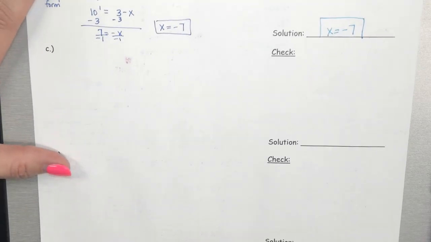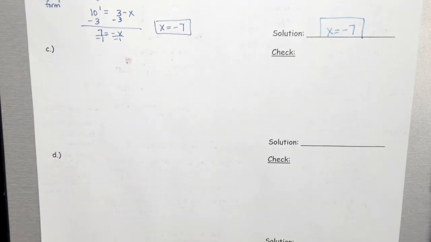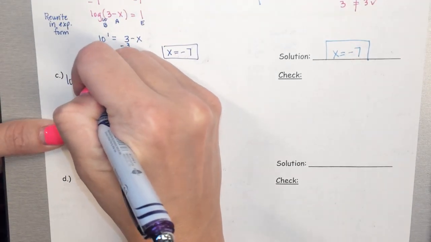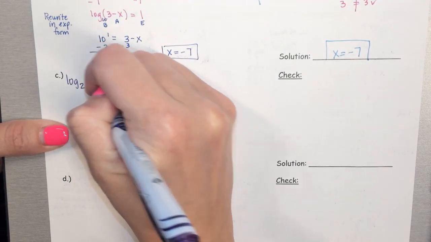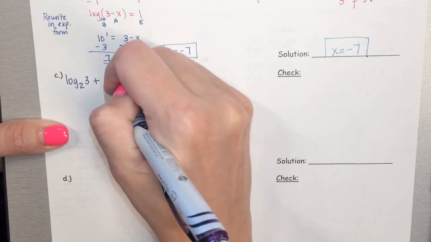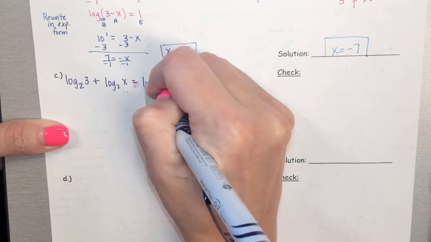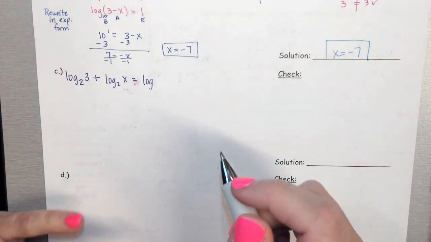Okay, and then for C, we're going to see a different type. So there's lots of different types. I just want you guys to see a variety before you do this on your own.